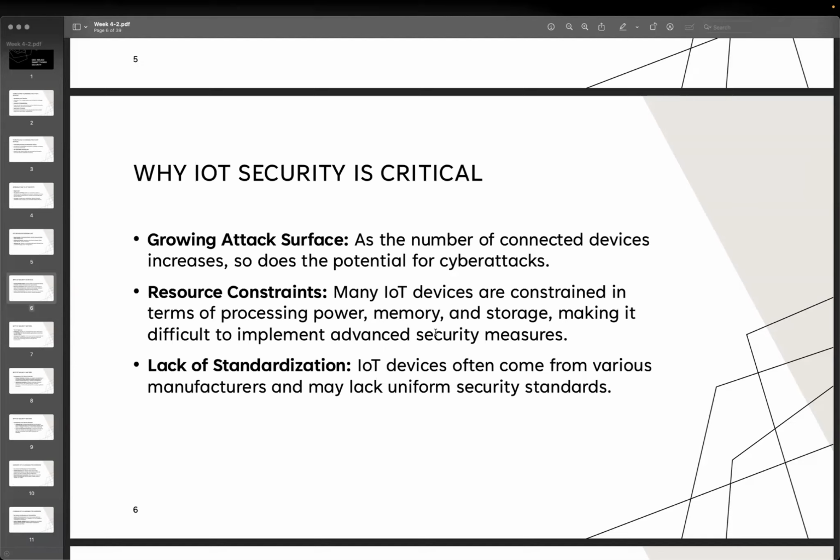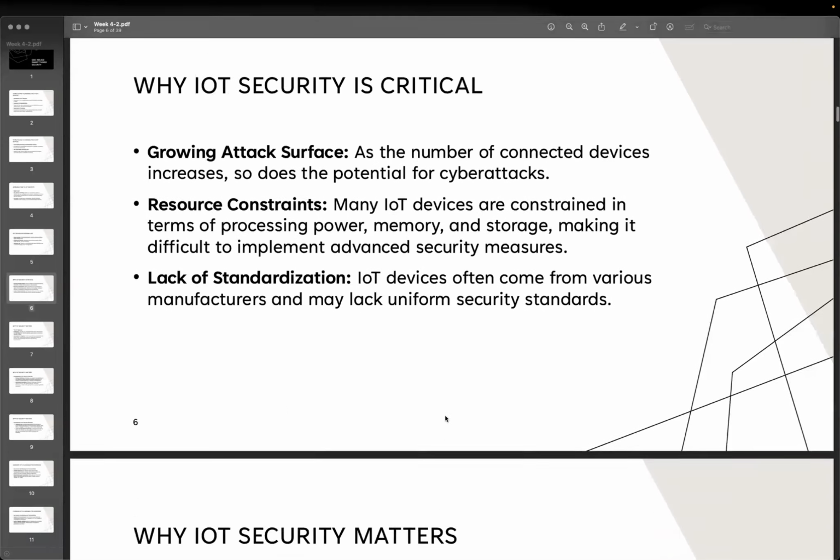So here's the issue, because with constraints like this, we need to think carefully. Also there is the lack of standardization, which someone mentioned before in the lecture. Because there are many manufacturers, there is no uniform security standard.